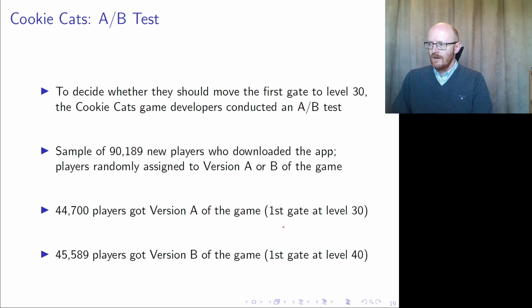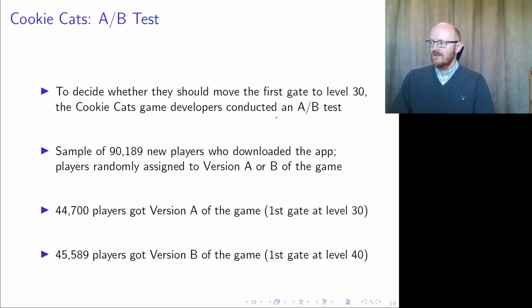Okay. So what we have is we continue with the Cookie Cats example, and you should make an A/B test, okay, to decide whether they should move the first gate to level 30 from 40, okay.